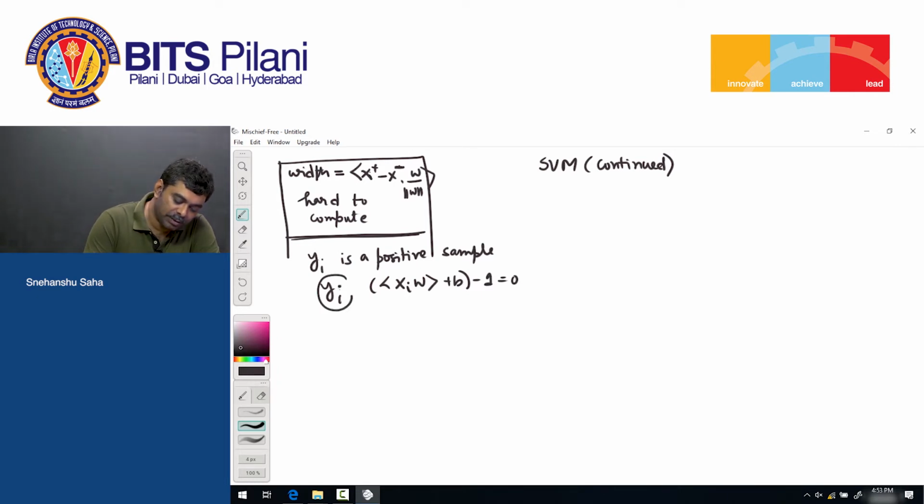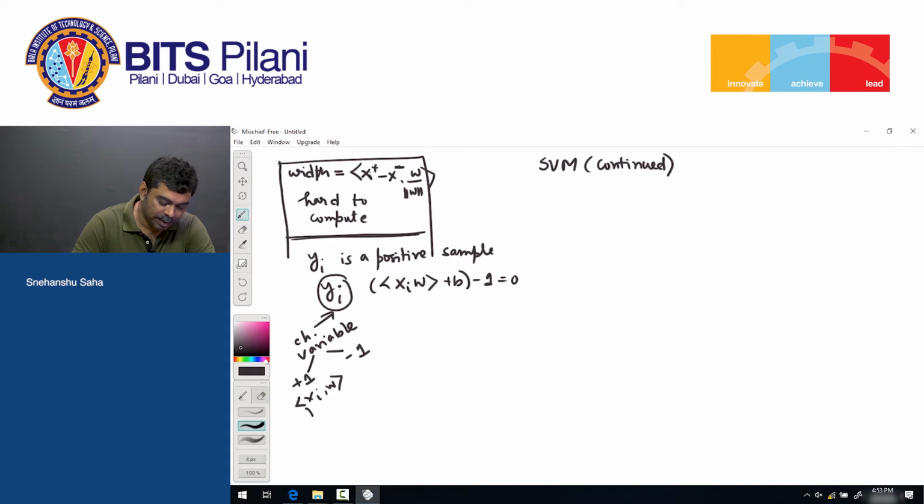If you recall, this yi is nothing but a characteristic variable which could either take a +1 value or a -1 value. When it takes a +1 value, the inner product xi w will be a positive training example or positive sample. However, when it's -1, it will be a negative sample.